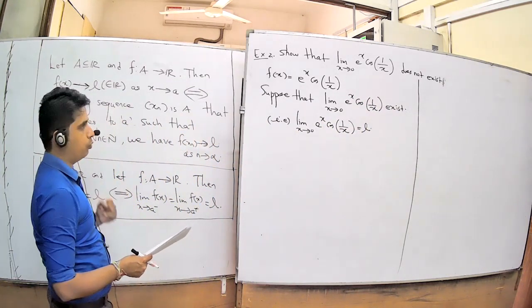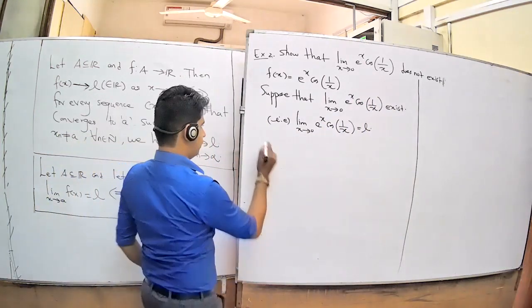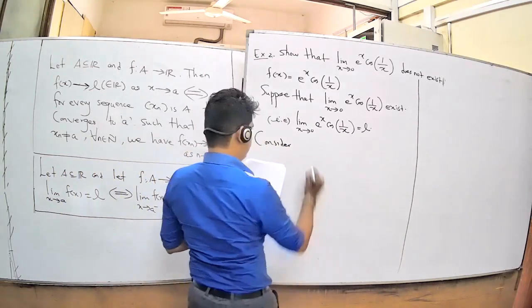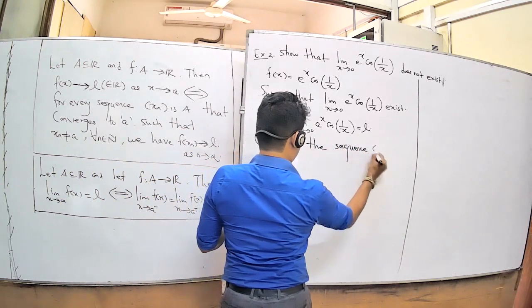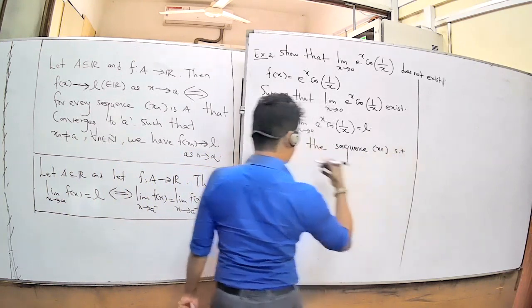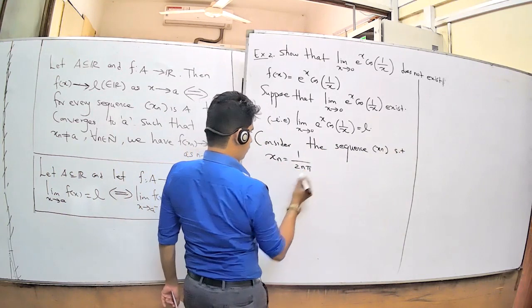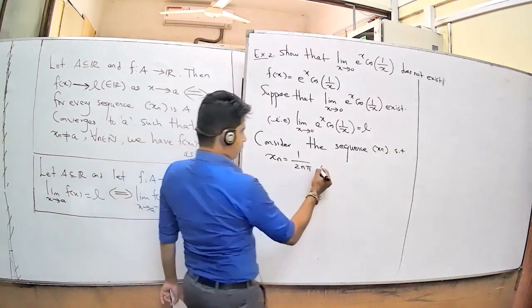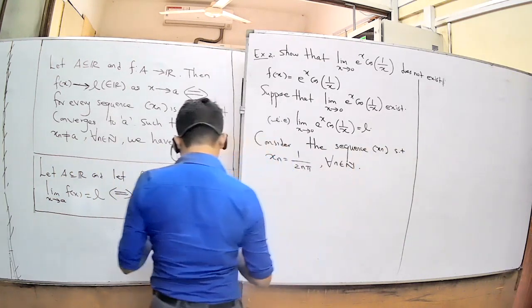Therefore, we want to choose the sequence first. Consider the sequence Sn such that Sn equals 1 over 2n pi, an appropriate way you can choose the sequence, for all n belonging to the natural numbers.